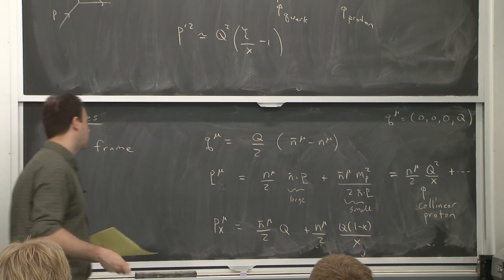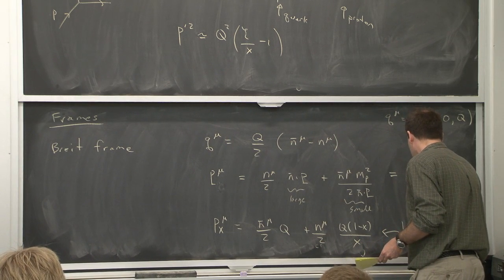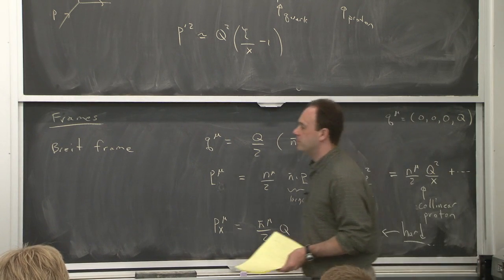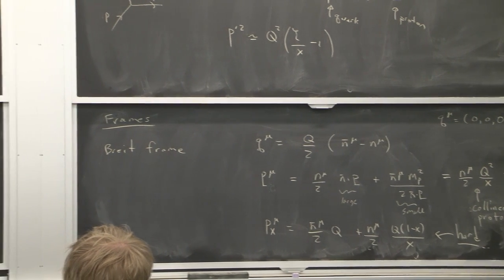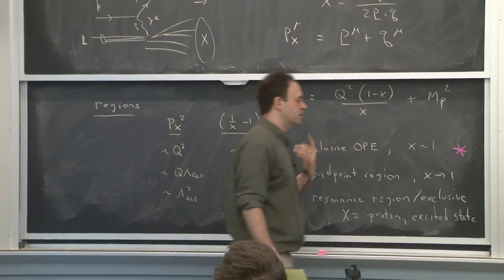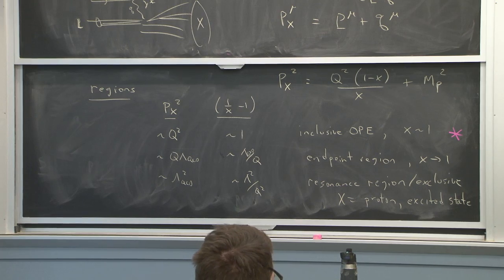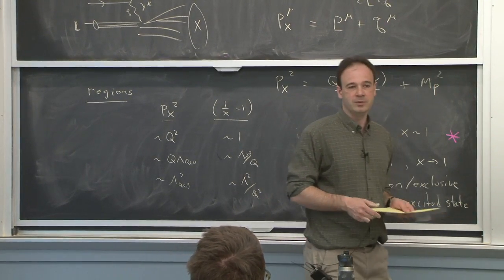And that means it's hard. What would happen in these other cases is that you would change that. It would no longer be hard, and that's why these cases are different. But as long as we're in this first case, this is hard, and we have collinear modes and hard modes, and then we just want to write down an effective theory for those two things.